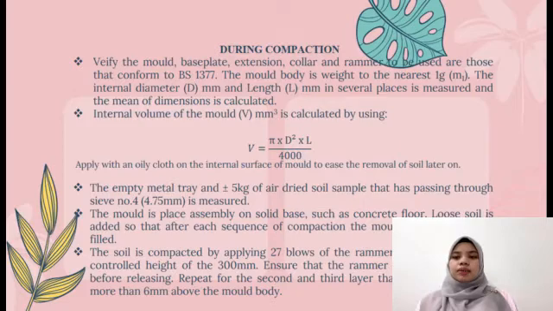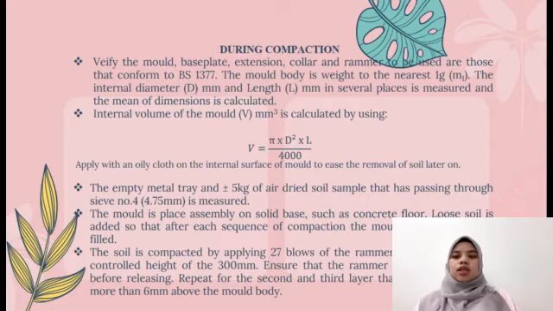The mold is placed assembled on a solid base such as a concrete floor. Loose soil is added so that after each sequence of compaction the mold will be one third filled.